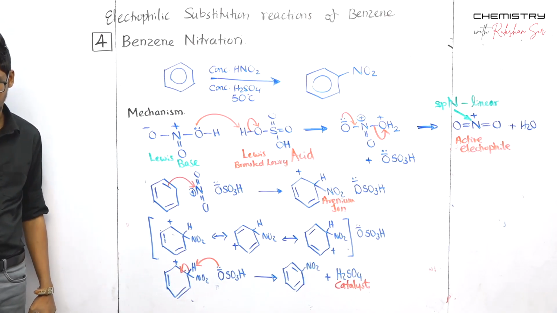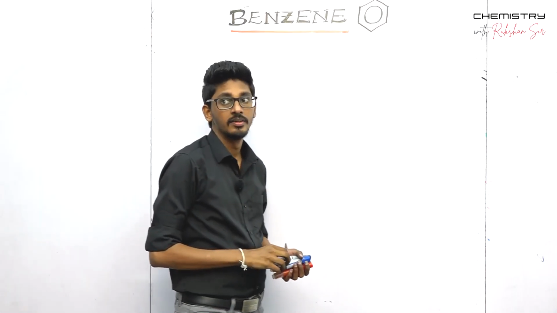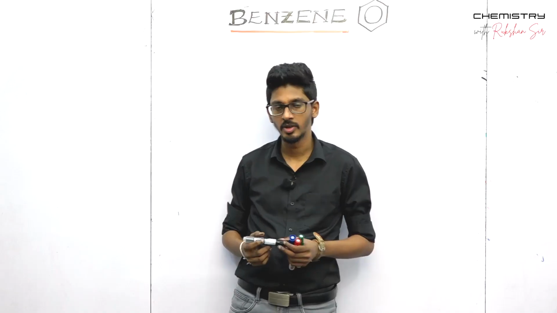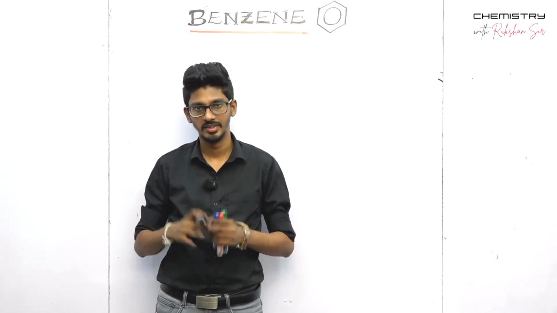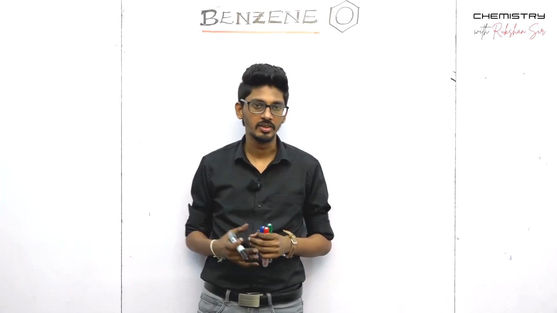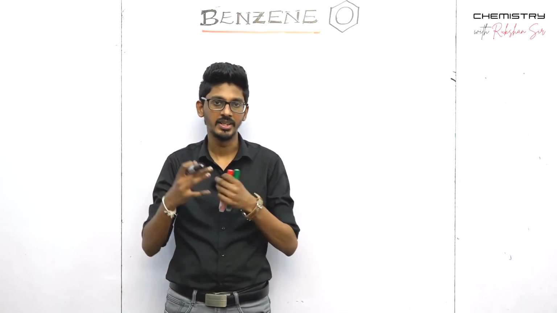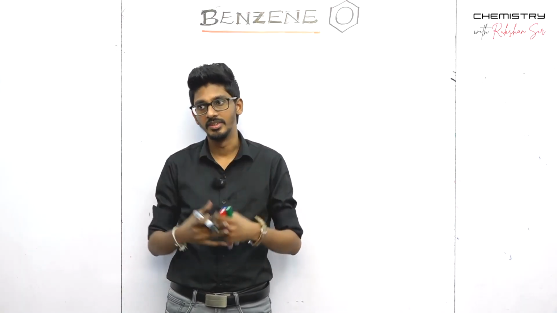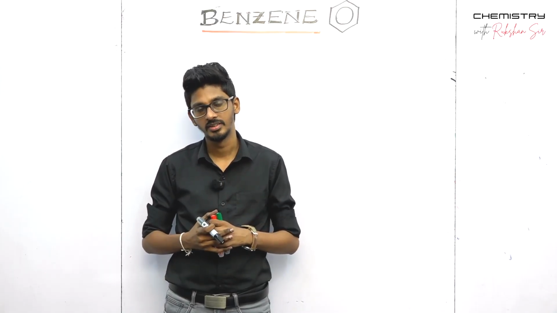Next page, page number 33. Okay, we have just ended the discussion about the electrophilic substitution reactions at the benzene ring. Now we are going to discuss some other kinds of reactions involving benzene.